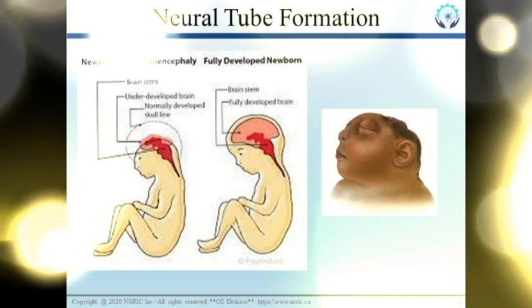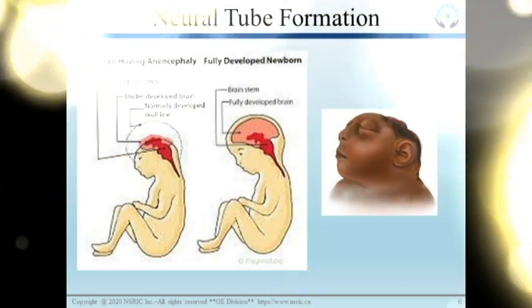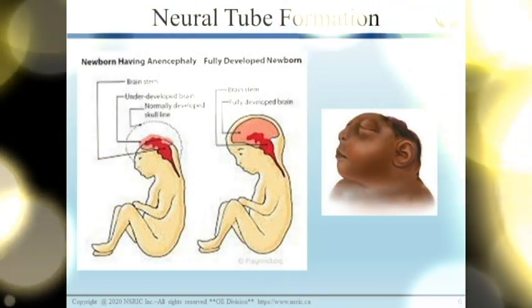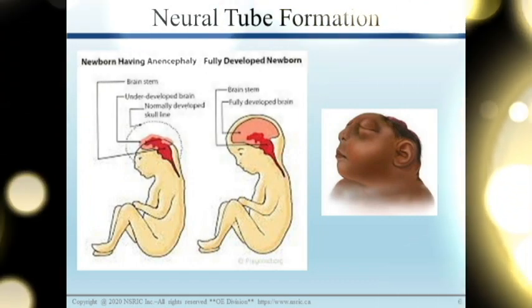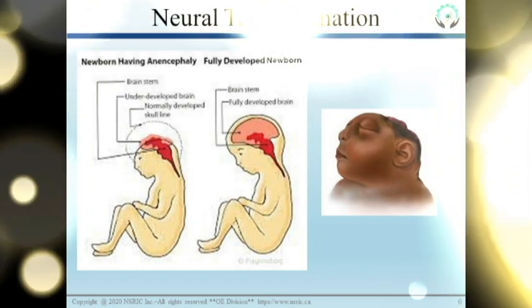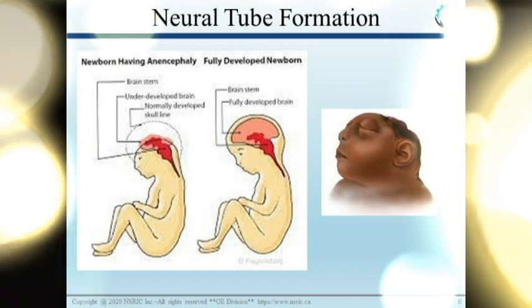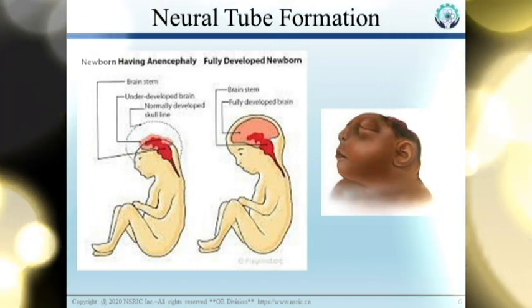But if there's a teratogen, something toxic that is ingested by the mother at certain stages, that can also cause this as well. So a few things to be mindful of there.